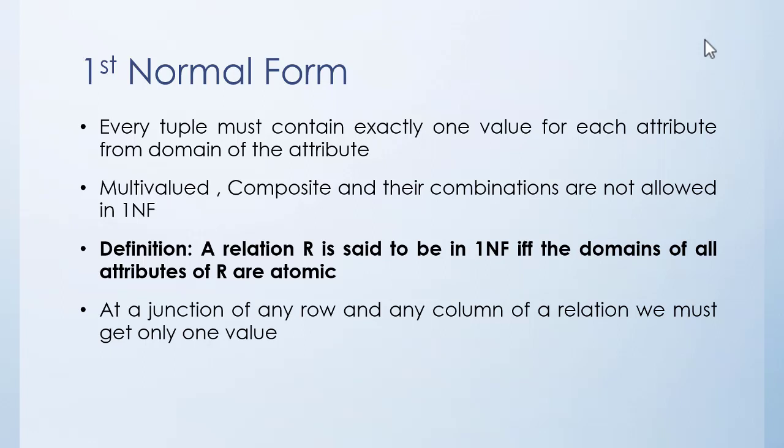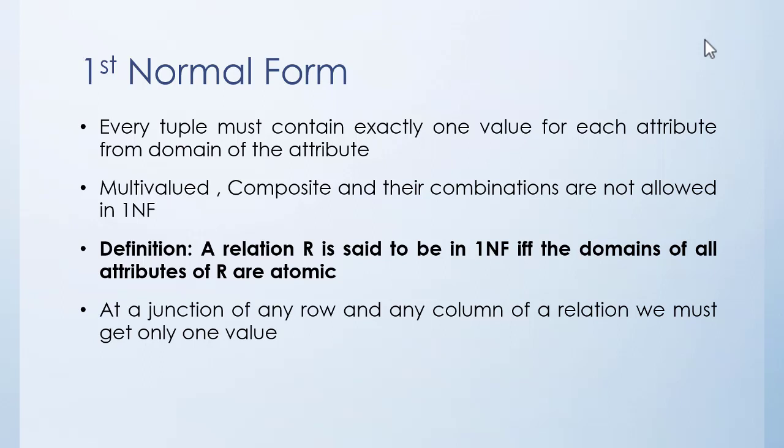By definition, a relation R is said to be in 1NF if and only if the domain of all attributes of R are atomic. Atomic means a single value. So at the junction of a row and any column, there must be only one value. If there are multiple values, then it is not in 1NF.